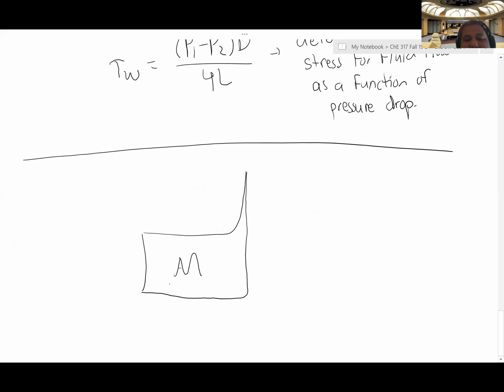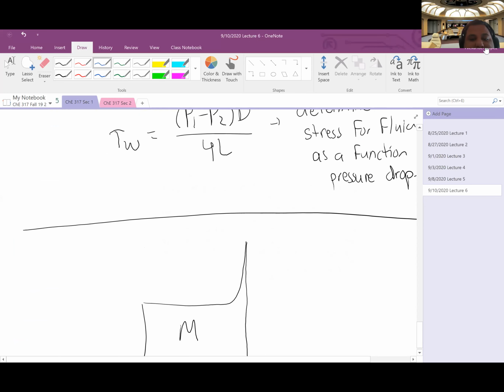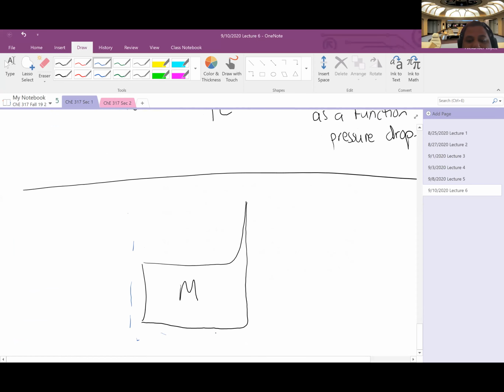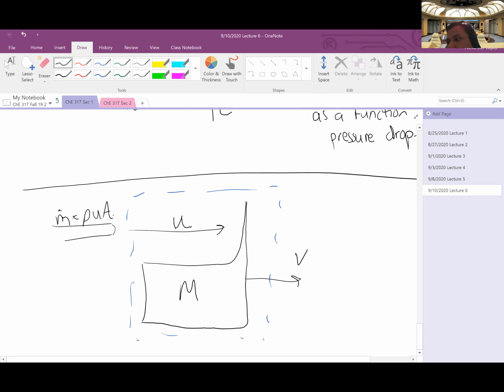The trolley has a particular mass, m. The system I'm looking at is essentially the trolley itself, and it's moving forward with a velocity v. Then I have a jet being shot at this trolley with a velocity u, with the fluid flowing out at a flow rate of rho u A.